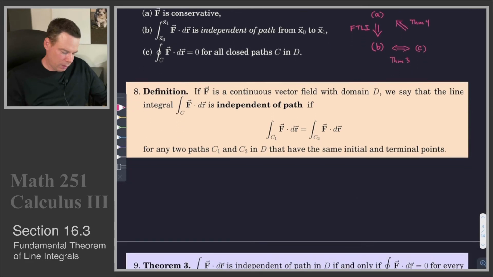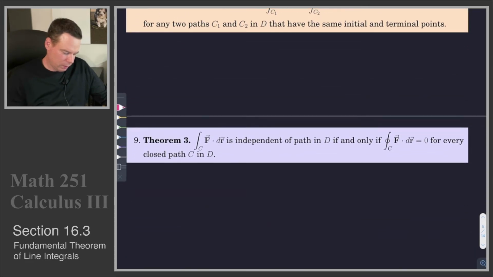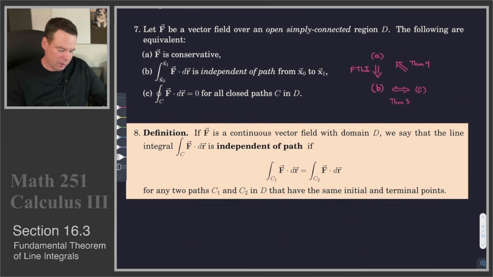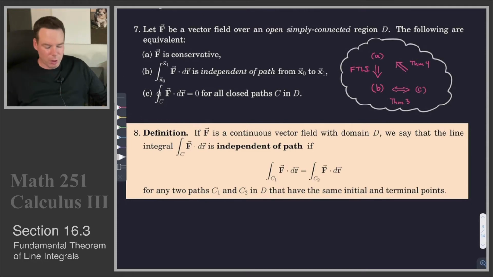So let's go ahead and prove that B and C are equivalent. Maybe I should back up. What we're doing in this lecture is we are proving this. We've already got part of it done. A implies B. That was the last video.